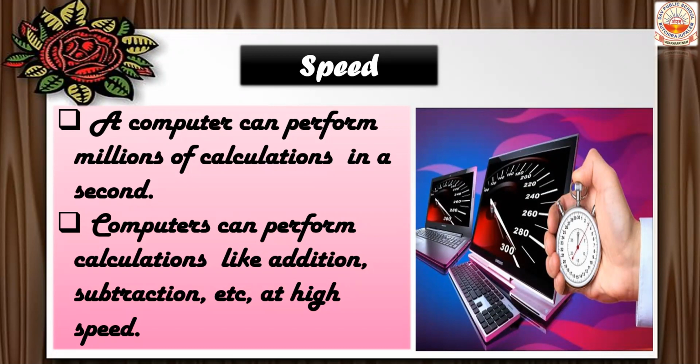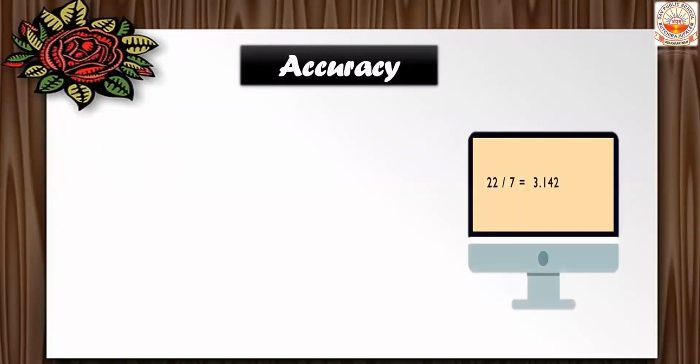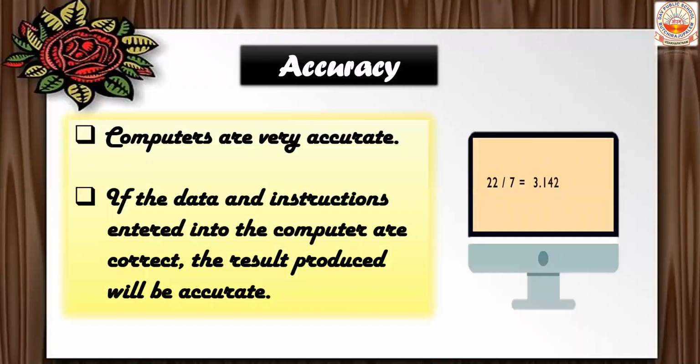So the computer can perform calculations like addition, subtraction, etc. at a high speed. Okay, children? Okay. Now let us see the next feature, that is accuracy. The computers are very accurate. Accuracy is one of the most important feature of computer.